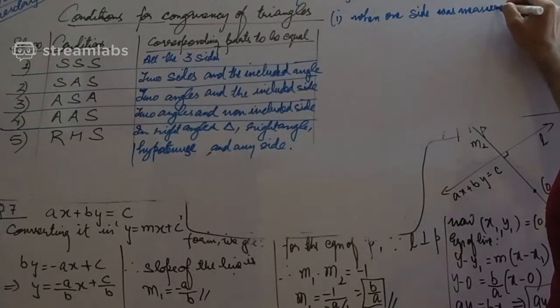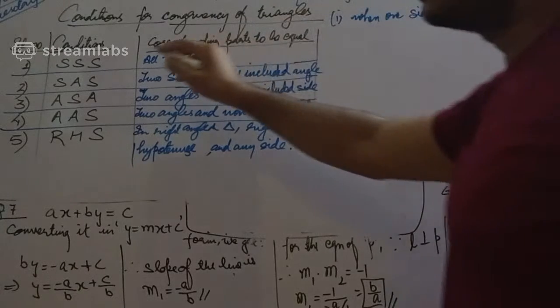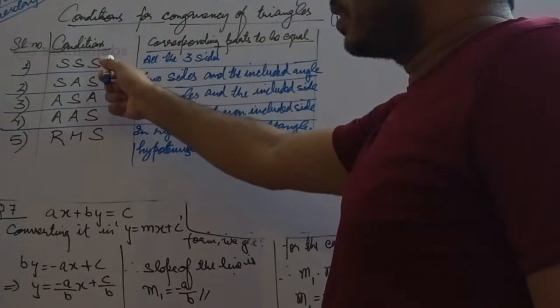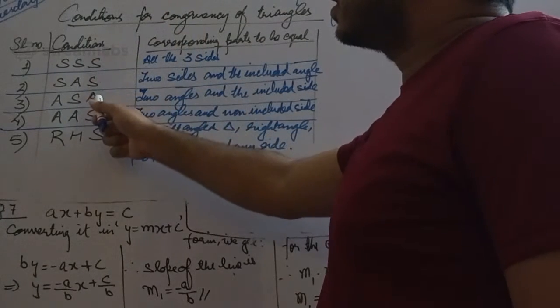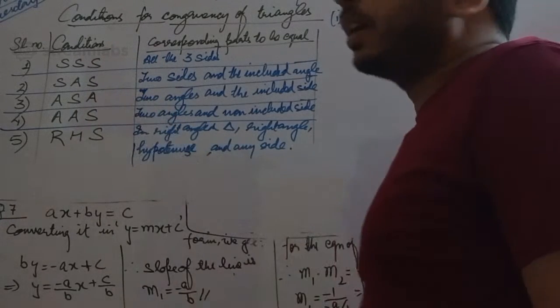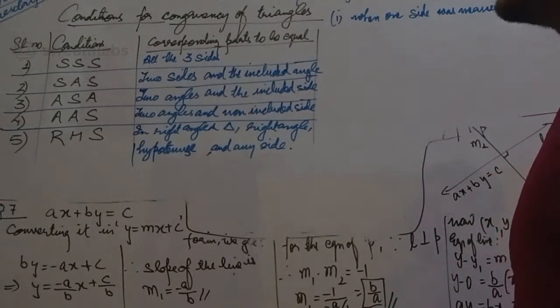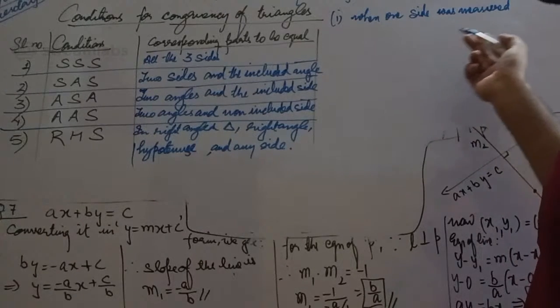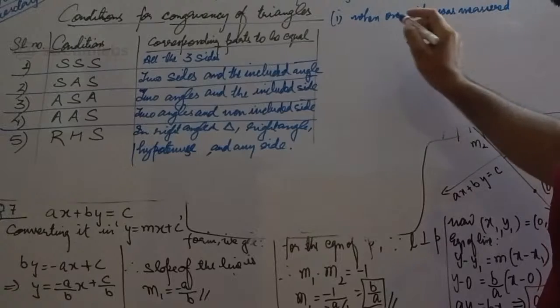If one side was measured, then which one can work? I think SSS would also work, ASA would work, or in fact I can say ASA and angle side would work, because he has measured one side.